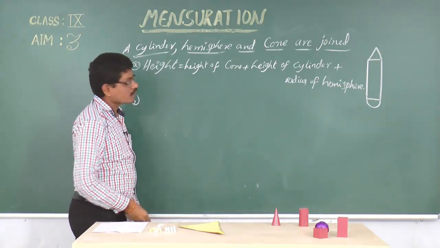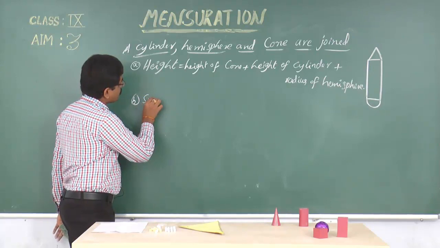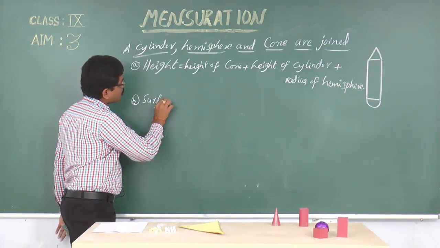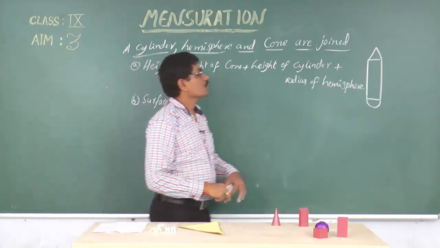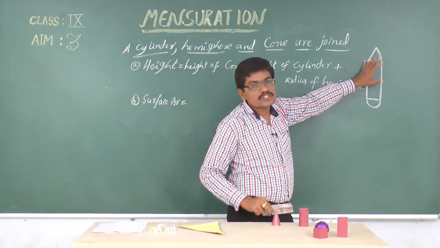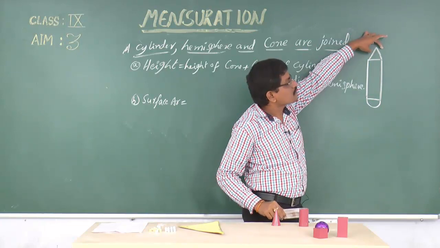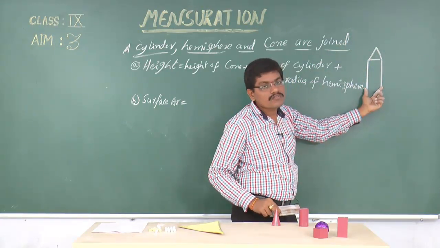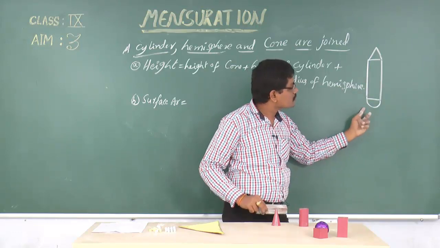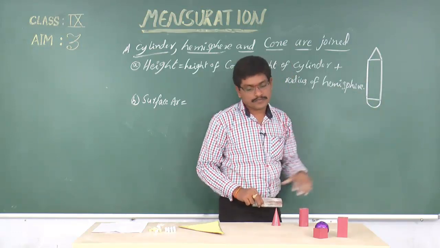Next, second one, surface area. To get the surface area of this new solid, we have to add CSA of cone and CSA of this cylinder and CSA of hemisphere.